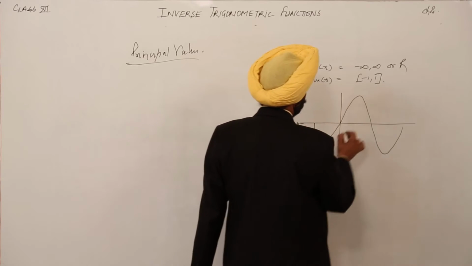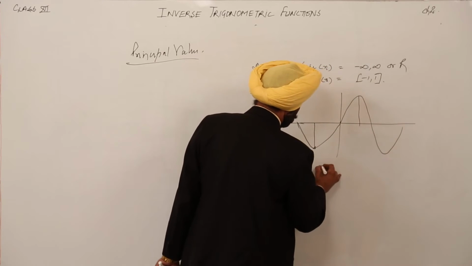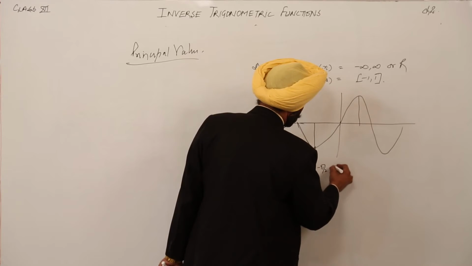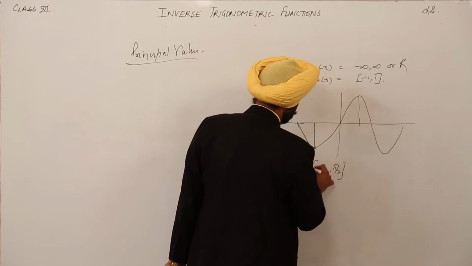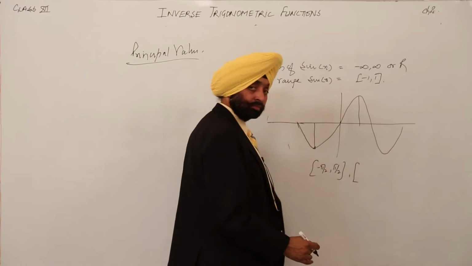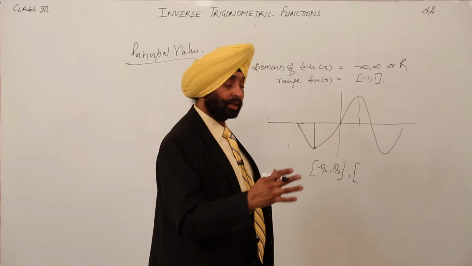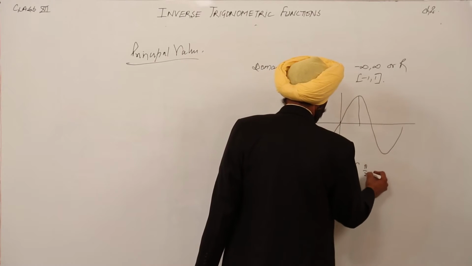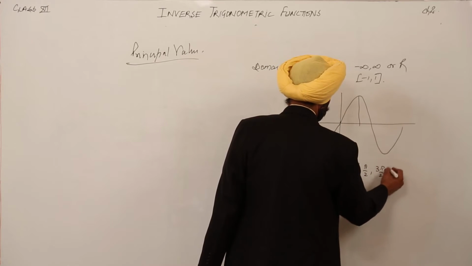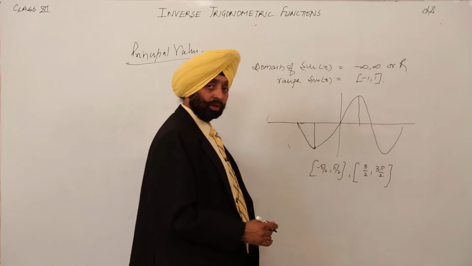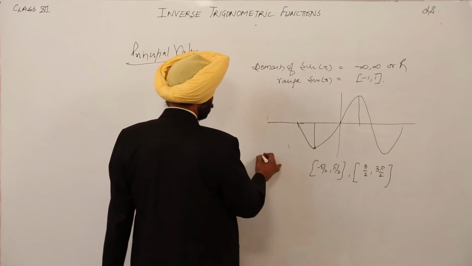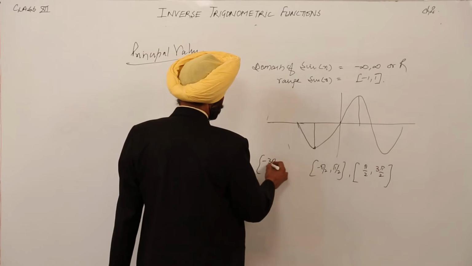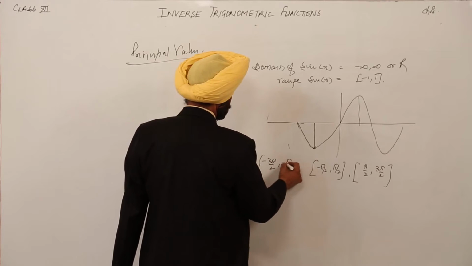First of all, starting from here, we are having minus pi by 2 comma pi by 2, one interval. Moving towards the right hand side, we are having pi by 2 to 3 pi by 2. Moving towards the left hand side, we are having minus 3 pi by 2 to minus pi by 2.